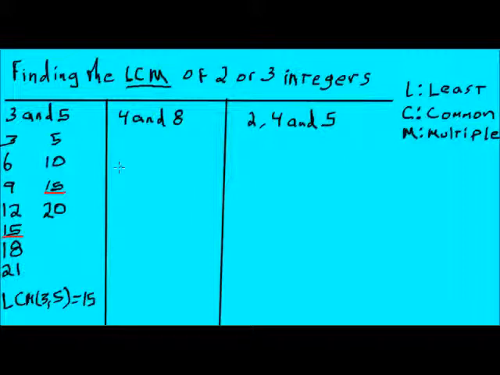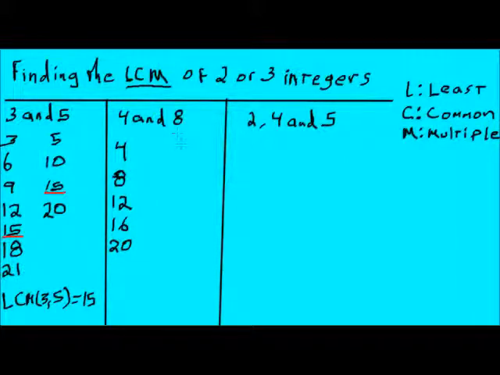Okay. So the same thing here for 4 and 8. We're going to go ahead and list multiples of 4. So we've got 4 times 1 is 4, 4 times 2 is 8, 4 times 3 is 12, 4 times 4 is 16, 4 times 5 is 20. And I don't need to list all of these, but it doesn't hurt to go through and list some of the numbers.